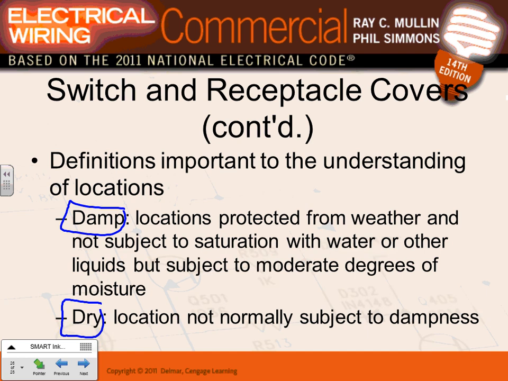So this is where the damp is: protected from weather and not subject to saturation. So the whole idea is no saturation with water or other liquids, but it's subject to a moderate degree of moisture. So they have moisture, but protected from the weather and no saturation of water, right? Canopies and porches are a good example of that.